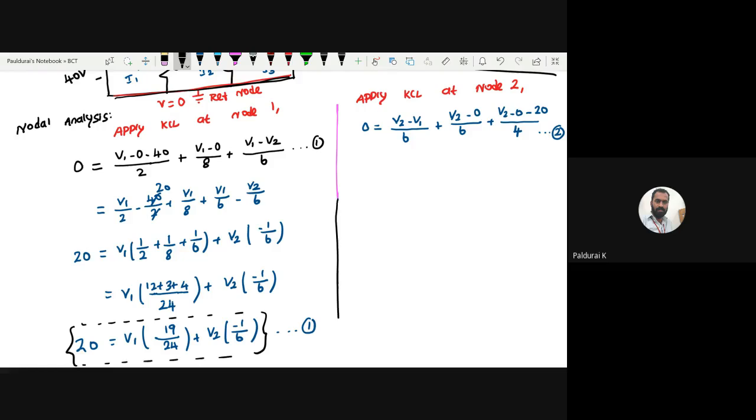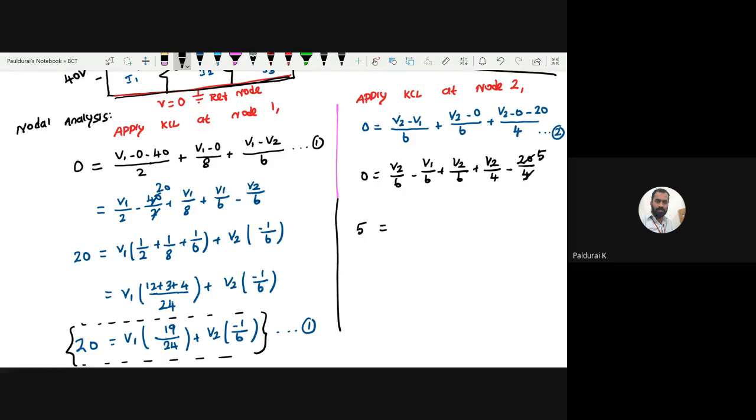Similarly, come here. So here 0 equals V2 by 6 minus V1 by 6 plus V2 by 6 plus V2 by 4 minus 20 by 4. This minus 20 by 4 will give you 5.